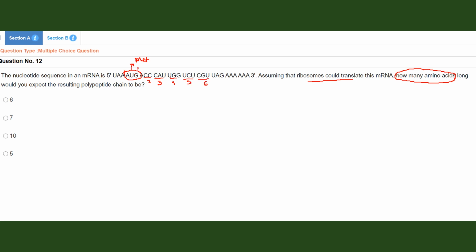Then comes UAG, which is a stop codon, and this won't be translated. So the amino acids in total which will be translated from this mRNA will be 6, and that's option number A.